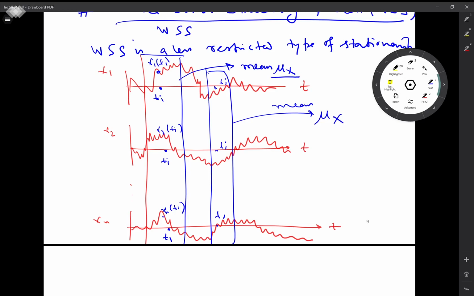Whatever time point you take and calculate the mean over the ensemble, it remains fixed. This is the first point. You take the mean over the ensemble at any time, and that mean will be the same and fixed. It will not change over time. This is the mean property.